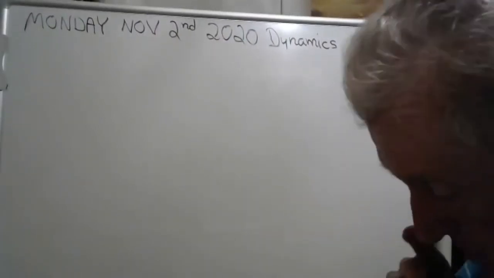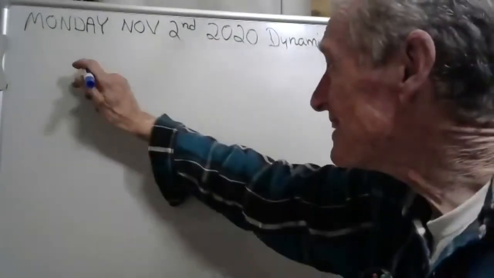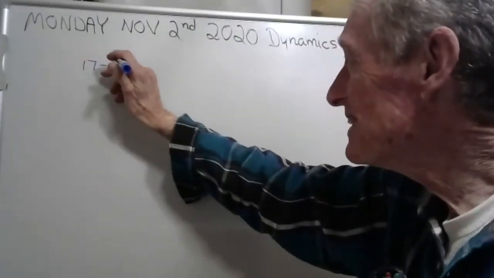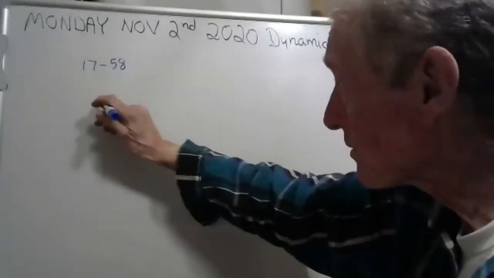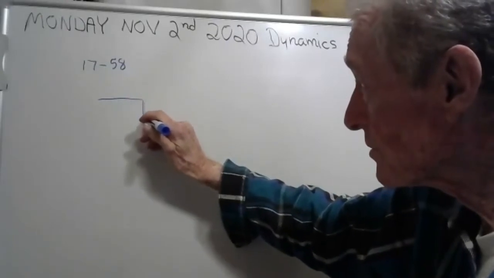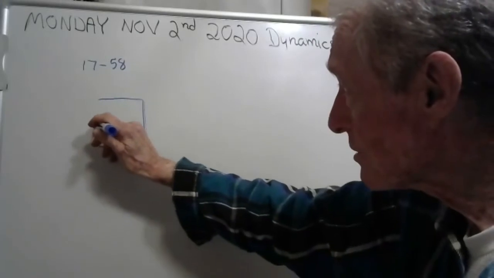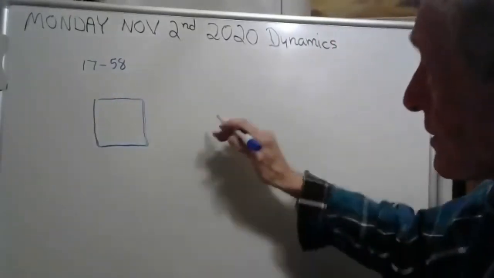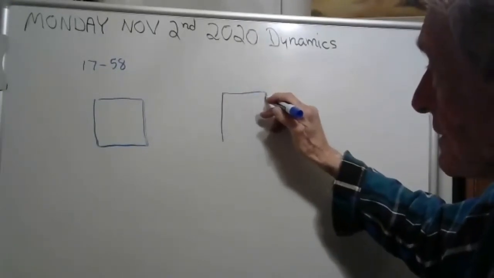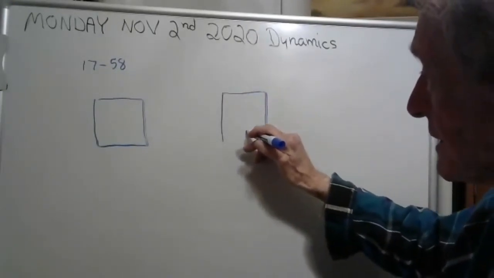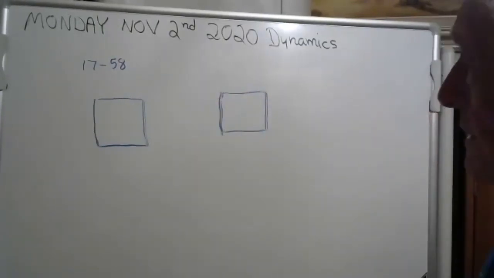Okay, now this one here is problem 17.58. And I'm going to draw 2 free body diagrams. That's what I want you guys to do on your problems. Now this one's a square, so I'm going to try to draw a square. That's pretty good. I'm going to draw another square. There's another square. There we go.